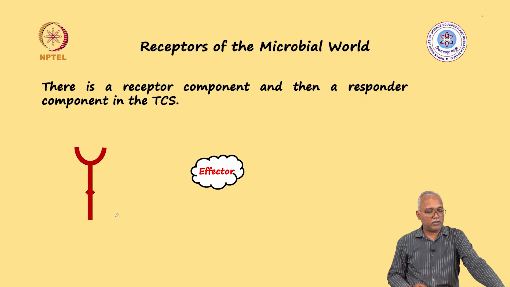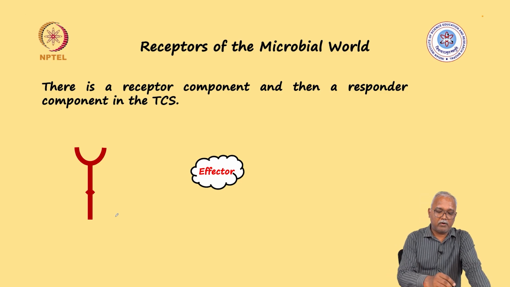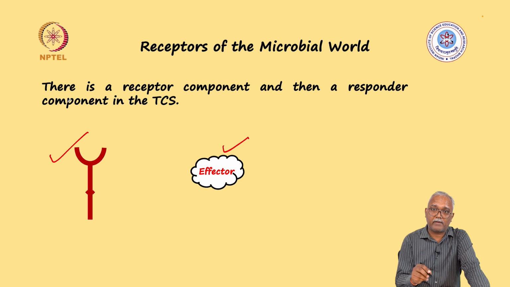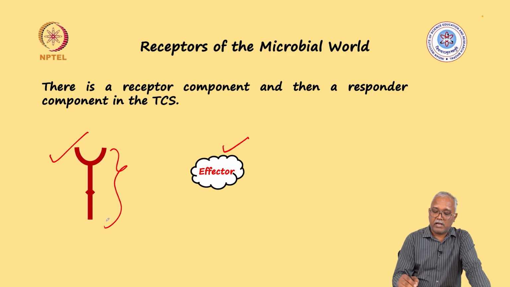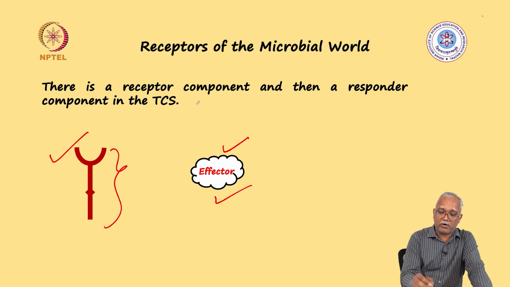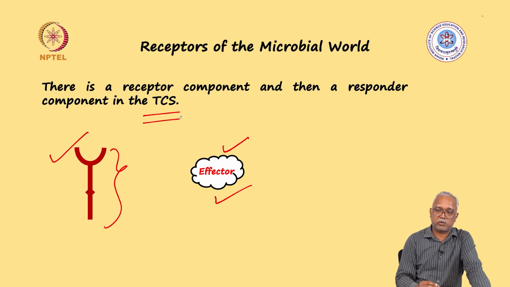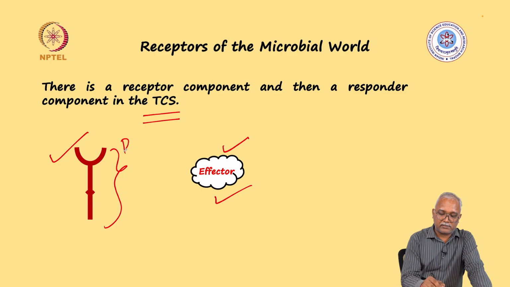So in a two-component system, we will have one component as receptor, the other component as effector. Together these two will help ensure that the microbe is responding to the environment. We will see more details of these receptors in coming classes, but when we say two-component system, TCS as shown here, one component is the receptor.